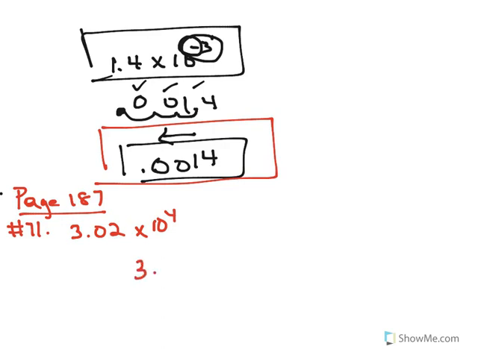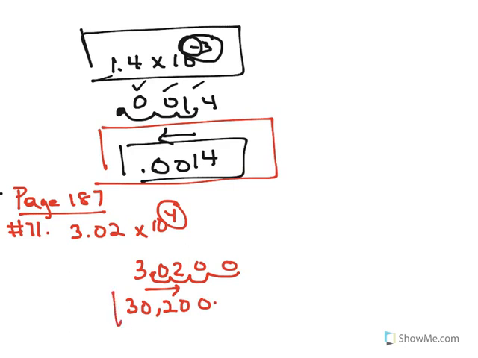Because the exponent is positive, this decimal point is going to be moved to the right. So here goes 1, 2, 3, and 4. I'm going to complete with zeros, and the number will be 30,200. Okay? Easy.